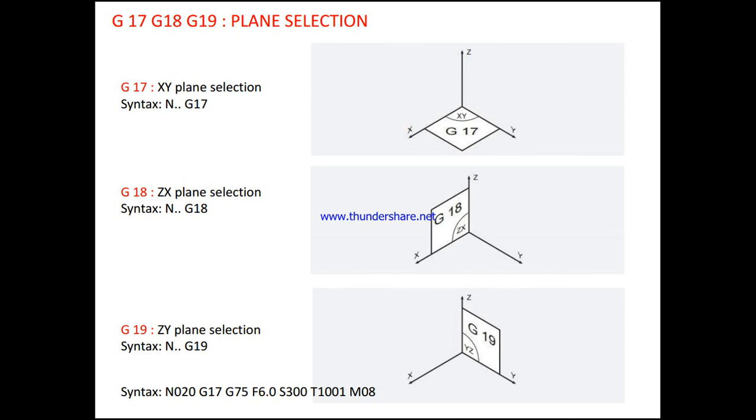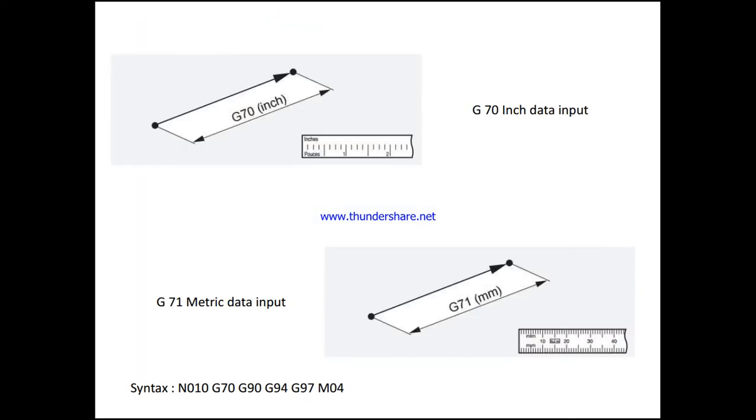In the same way, G18 is for the ZX plane and G19 is for the ZY plane. When we give the program, for example N020 as the sequencing number, then G17, G75, F6, S300, T1001, M008. Like this we have to give the programming for plane selection.